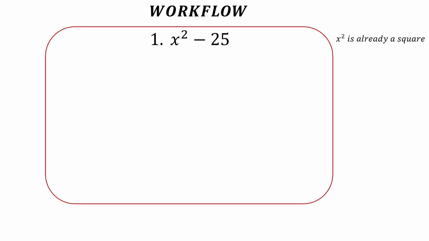But 25 is not x squared, right? So we have to make sure that 25 is written in the form of a square. 25 can be written as 5 squared, so we can rewrite x squared minus 25 as x squared minus 5 squared.